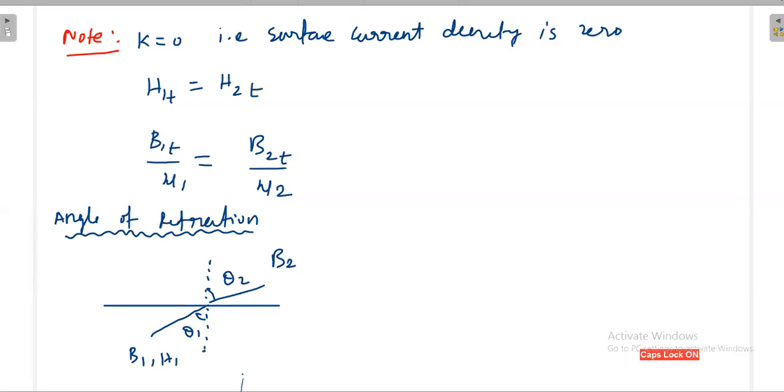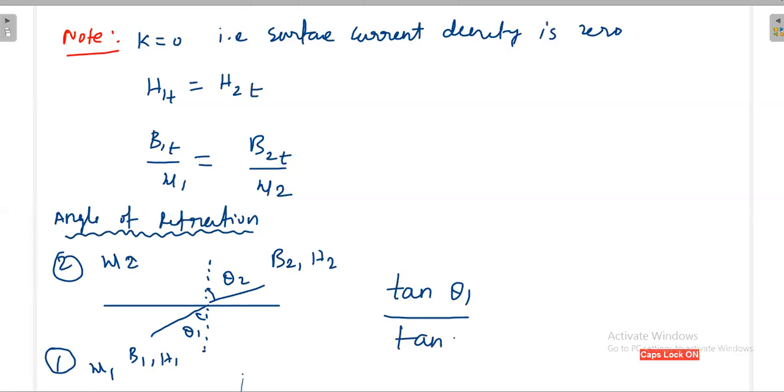Here I am having B2, H2. This is medium 1, mu 1. This is medium 2, mu 2. Once you apply basic trigonometric formulas, you will get tan theta 1 divided by tan theta 2 equals mu 1 divided by mu 2.